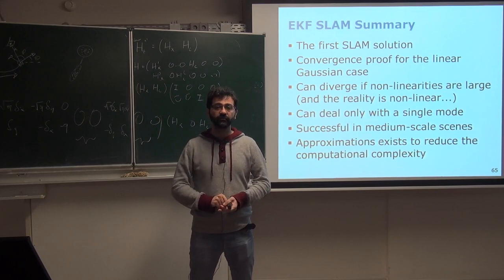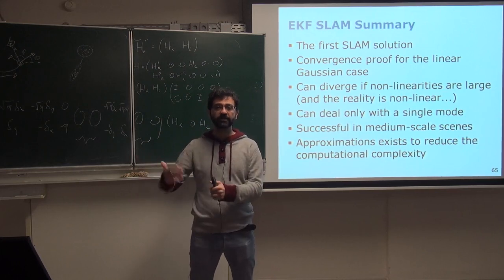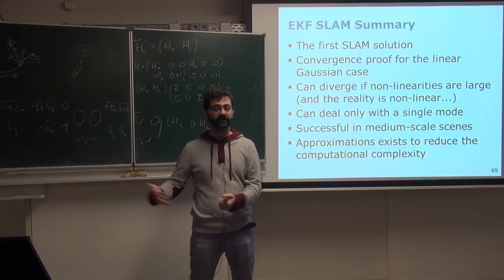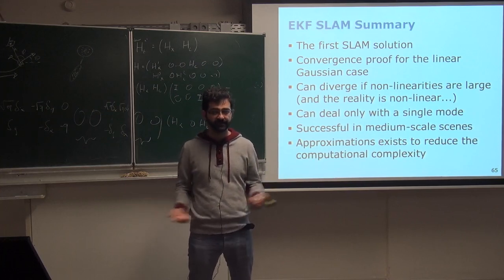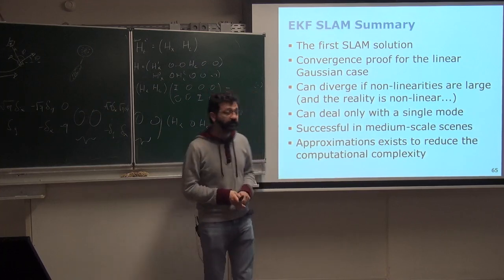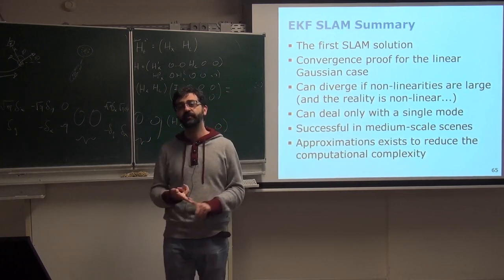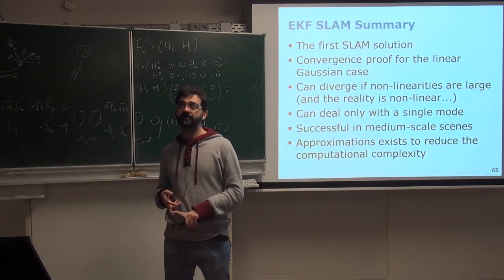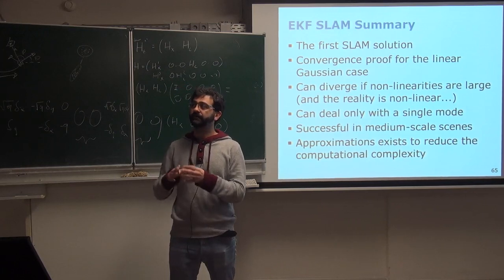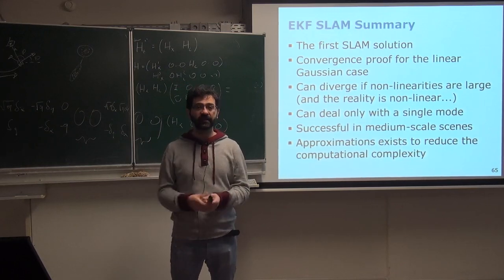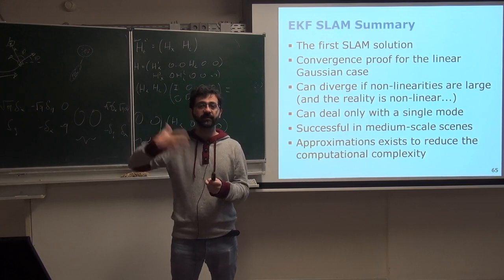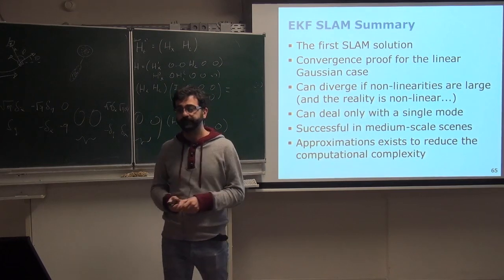The only thing you have to take care of is that the assumptions are somehow satisfied in most cases, and that's it. There are approximations that reduce the computational complexity, and there are also approximations that make it better in terms of the nonlinearities, like handling the nonlinear propagation of the error a bit better.